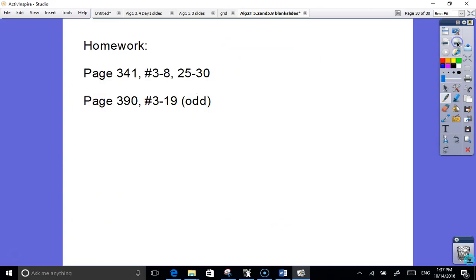So that's it. And that's the homework. And like I say, you don't have to do the increasing and decreasing. There are no questions about domain and range. But you do have to identify the turning points, which they call the local maximum and local minimum.